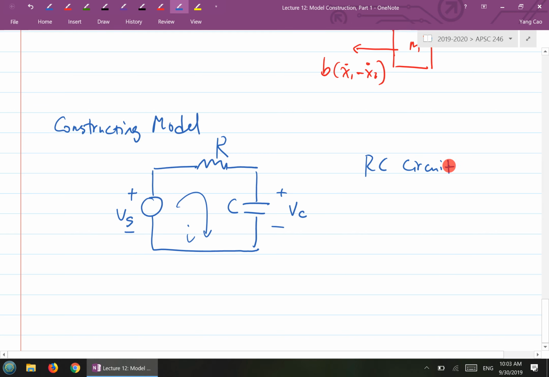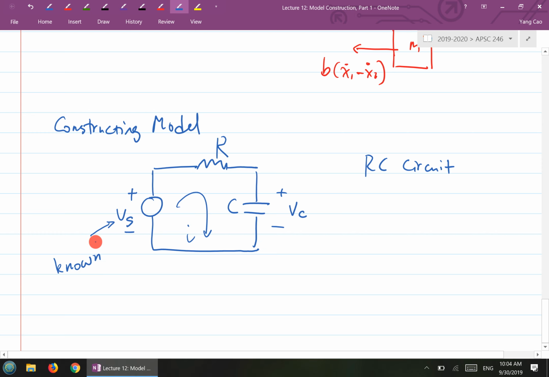Here's the RC circuit, and we want to model it. The RC circuit has an input voltage source, and you take the output across the capacitor. The idea is you inject this circuit with a certain voltage right here, which is a known value.